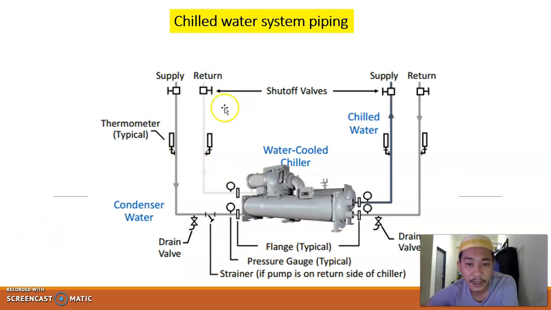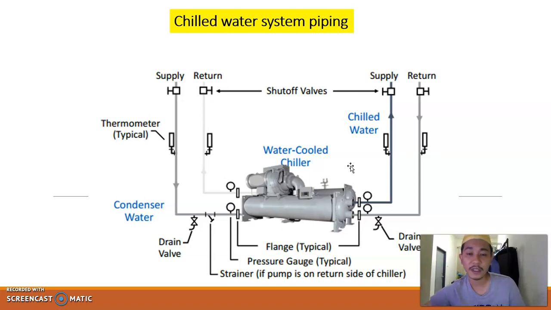This is the chill water piping system. Next we will go to the chill water system piping. There are several materials for the piping system depending on the application, but the piping system for the chill water and condenser water uses other materials than the piping system for the split unit system.